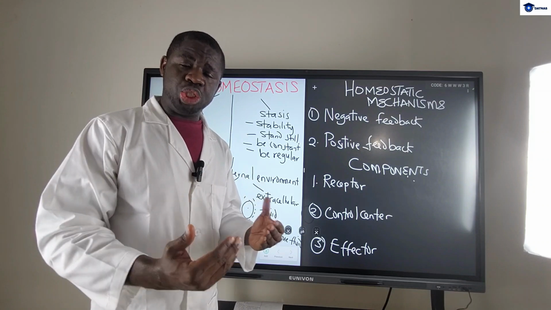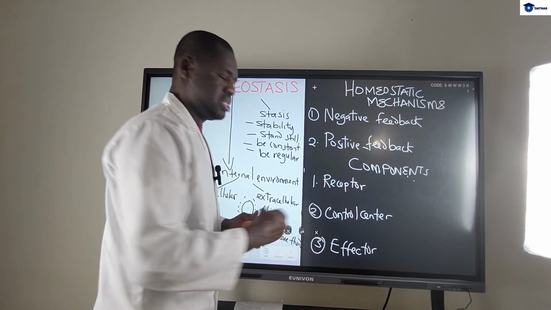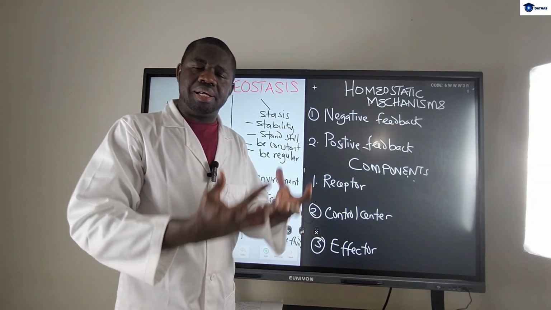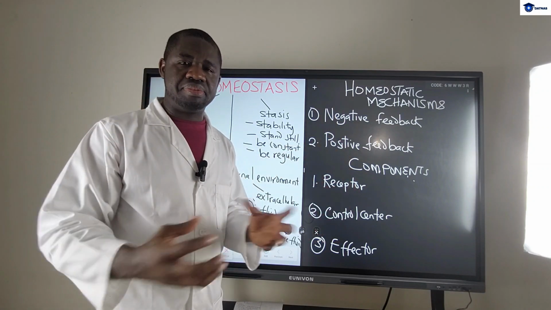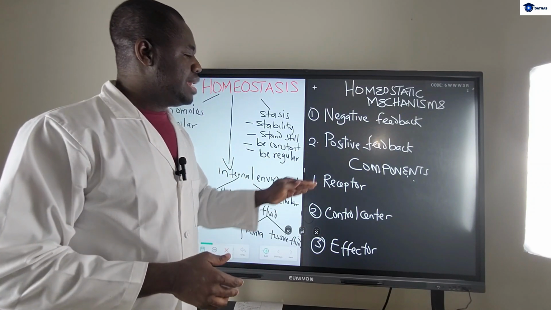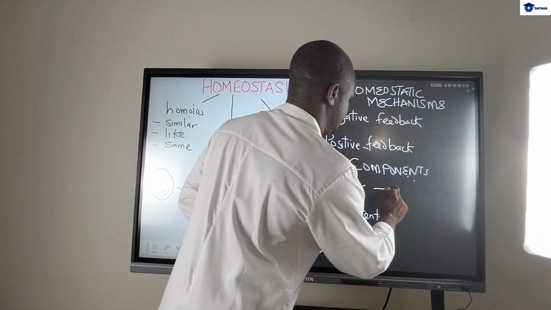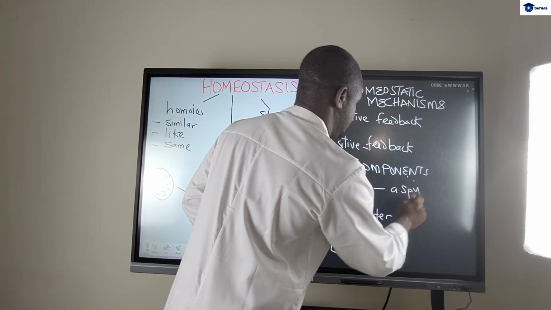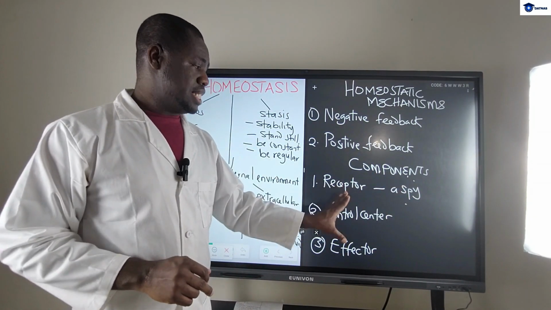For easy comprehension, let's associate these concepts to what happens in society. Let's say the receptor is a spy.